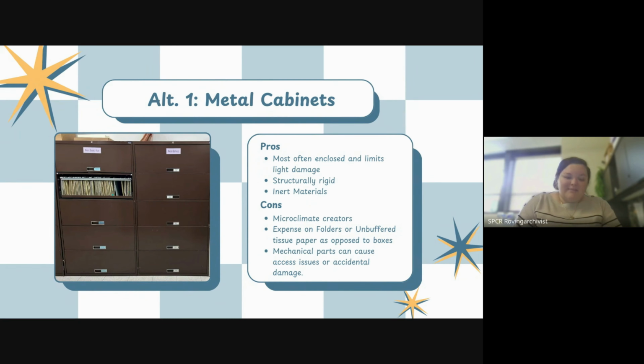So that's not going to inherently mess with your materials, but because they are so rigid and structured, they do create little microclimates. So if you're using these metal cabinets, something to be aware of is if any moisture gets locked in it.